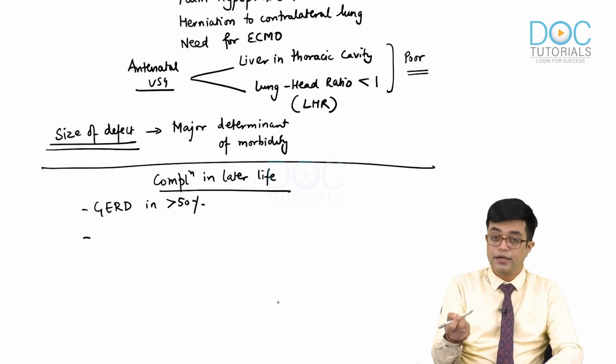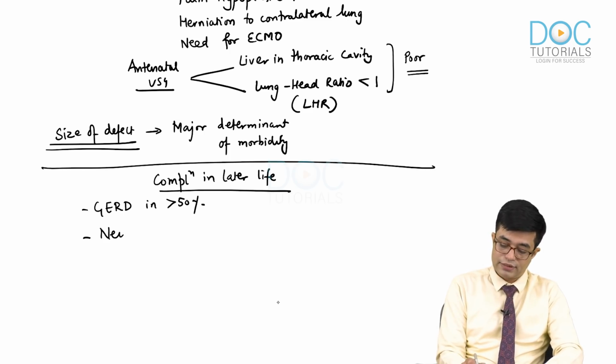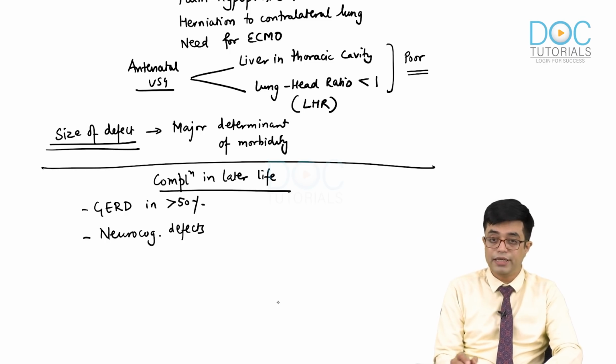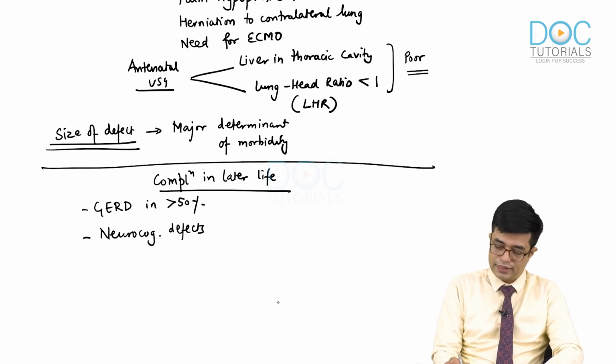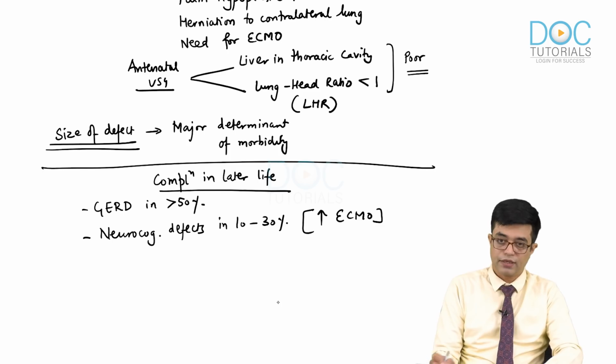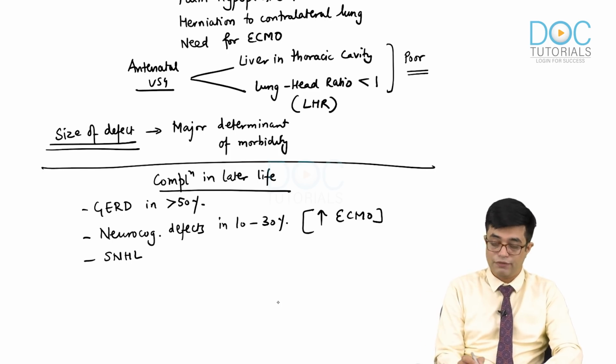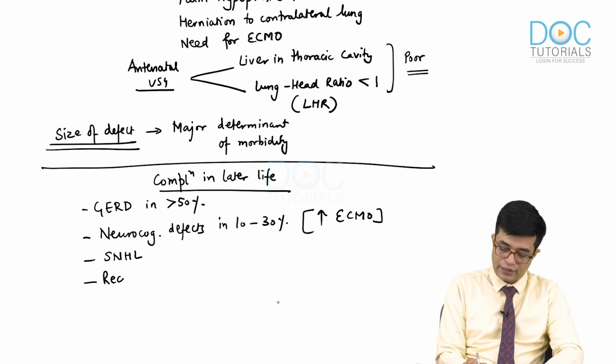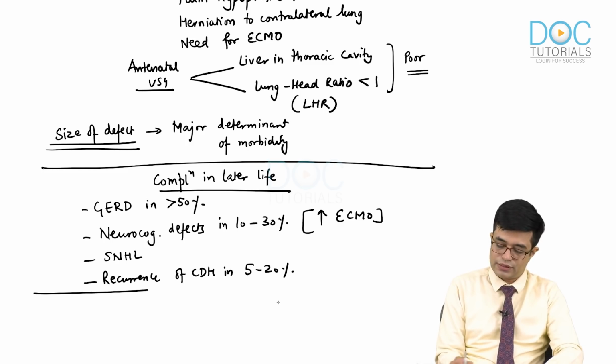You find neurocognitive defects, various types of learning disorders and some intellectual disability, in 10 to 30% patients, more in children who received ECMO. Sensory neural hearing loss can be seen in some of these patients, particularly those who received ECMO, and recurrence of the defect, recurrence of CDH, can occur in 5 to 20% of these individuals.